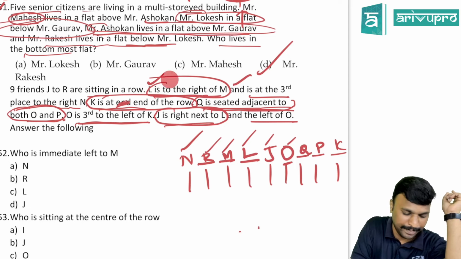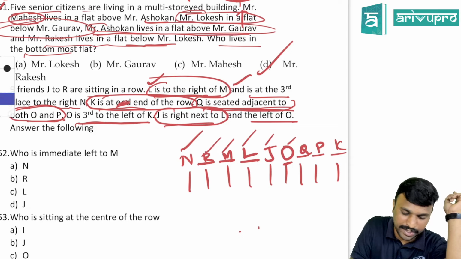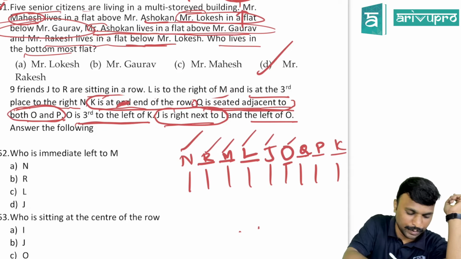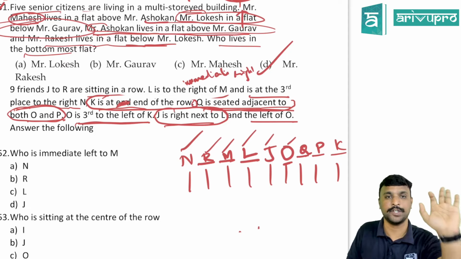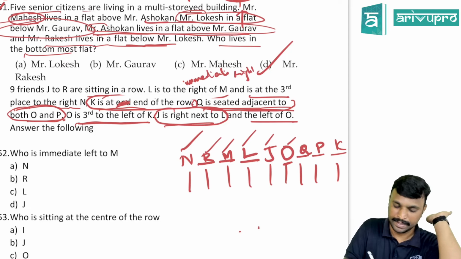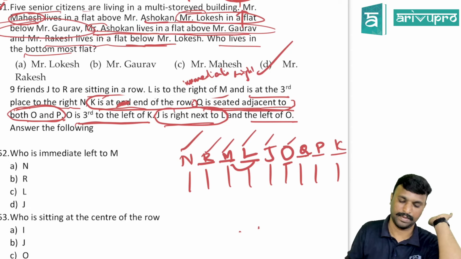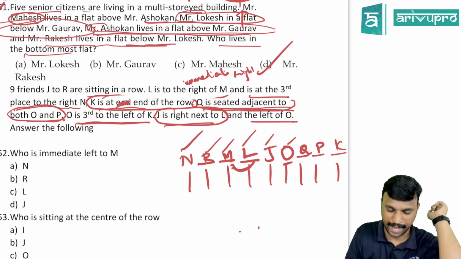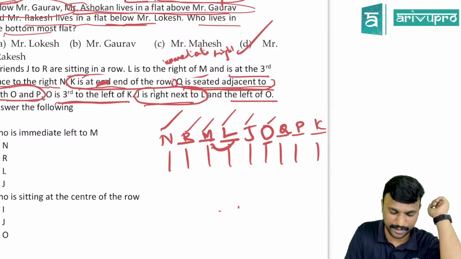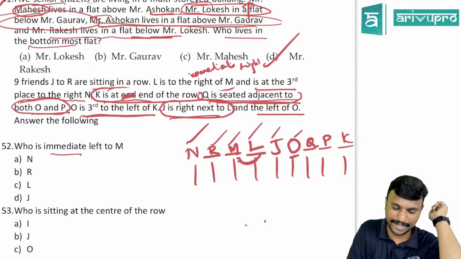This leads to an ambiguity actually. So the question should have been L is to the immediate right of M. Suppose you assume immediate right of M, then R will be to the immediate left of M. So these are the 9 positions that we have marked. Who is immediate left of M?